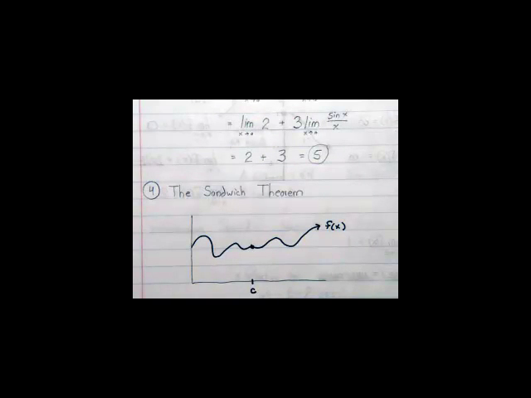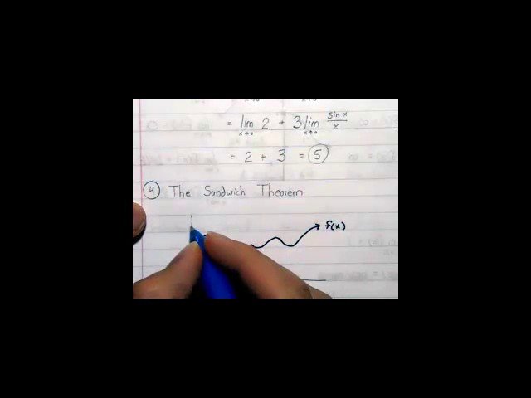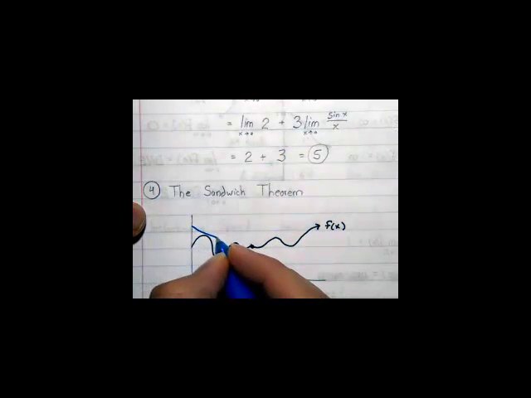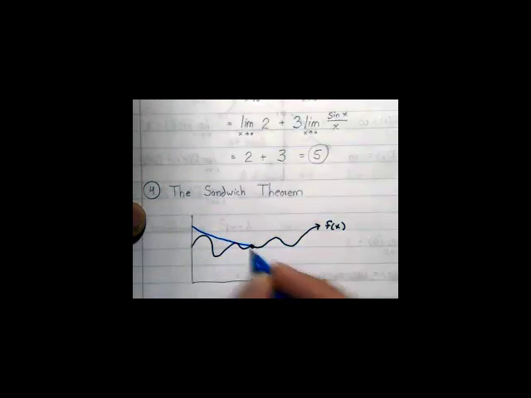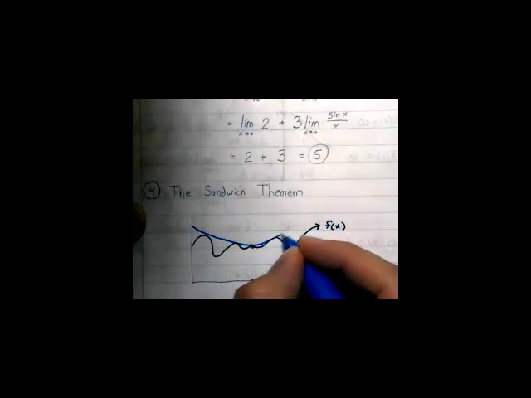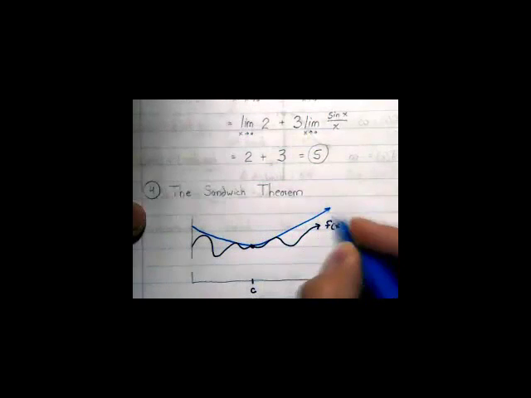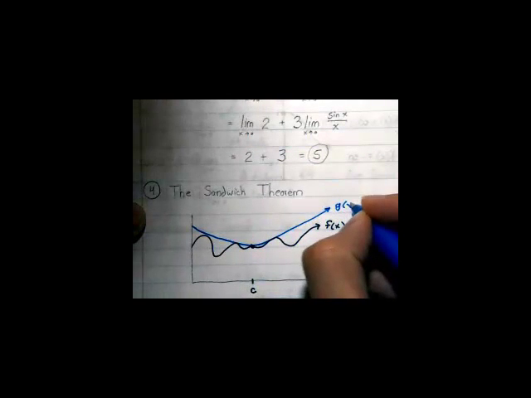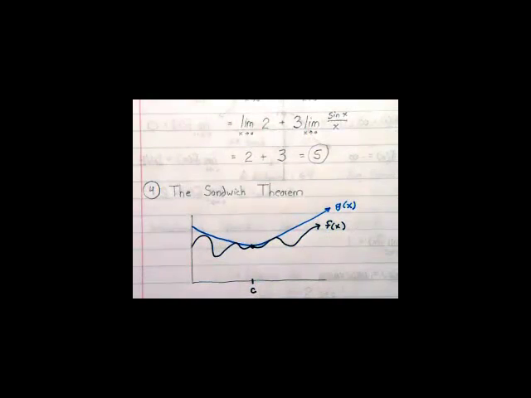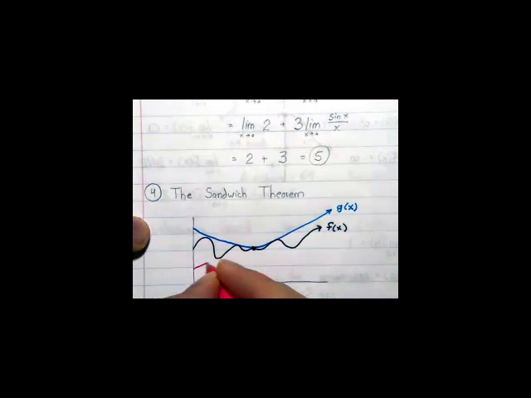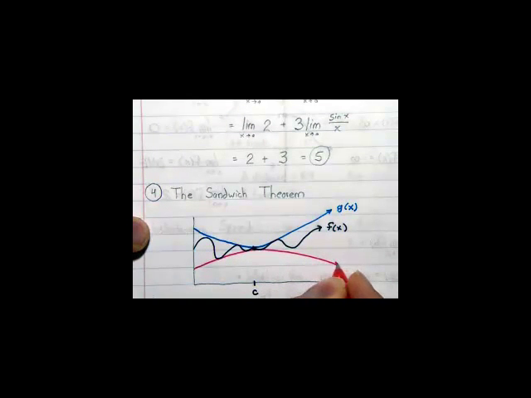And let's say for whatever reason I cannot calculate it by hand. But I am aware of this other function, g of x, that is always above this function up here. And I'm aware of this other function, call it h of x, I guess, that is always below f of x. Like that.